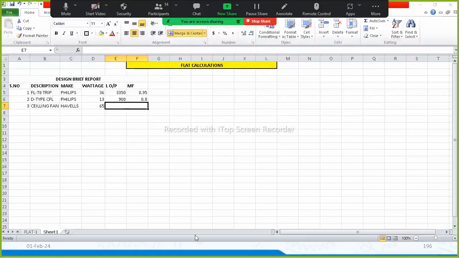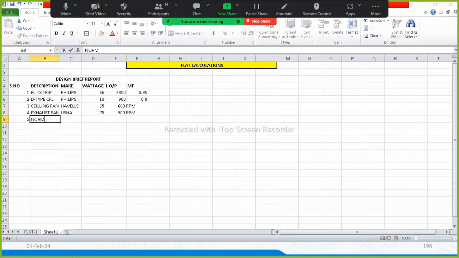I'm taking around 600 RPM. The next is fourth, exhaust fan. Usha 75 watt, and here it is 900 RPM.